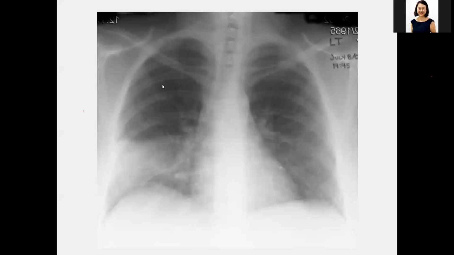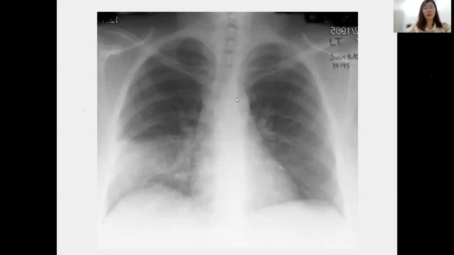Anyone? A middle lobe, right? Middle lobe. No. Okay. So this is the right lower lobe consolidation. Why? Because it's slightly obscuring the right hemidiaphragm, but the right heart border is not obscured.